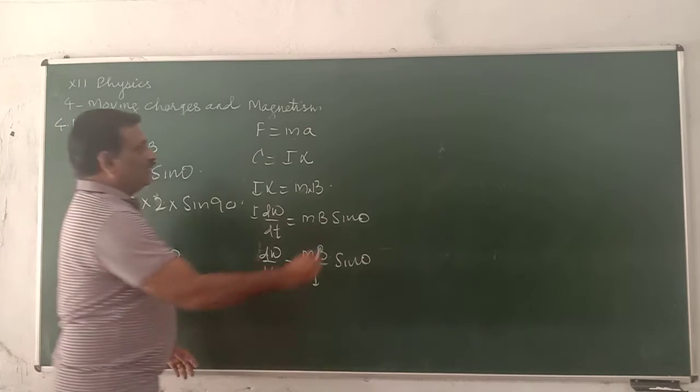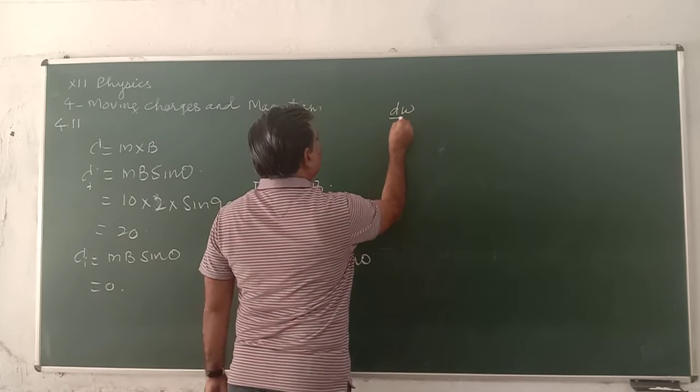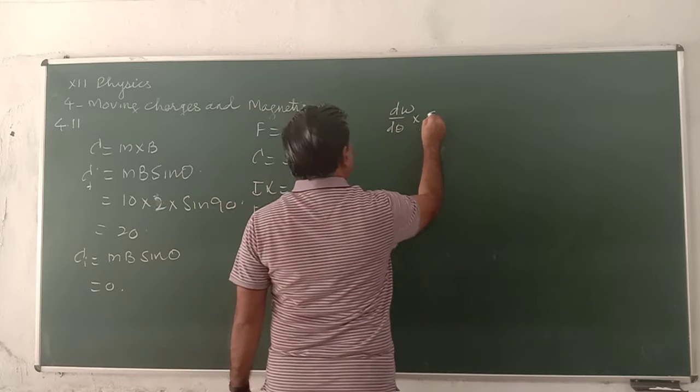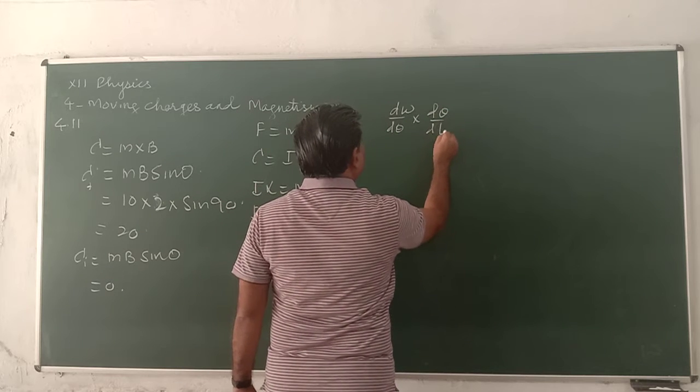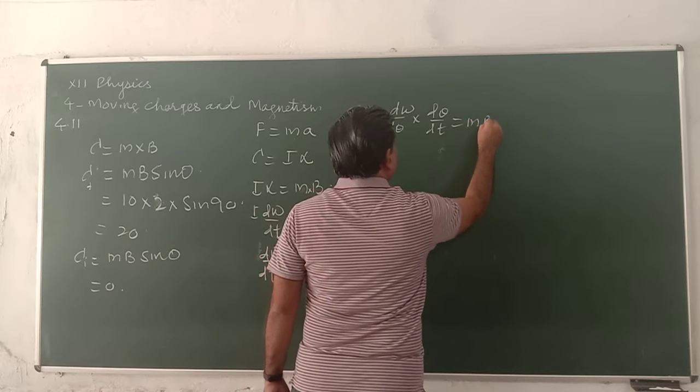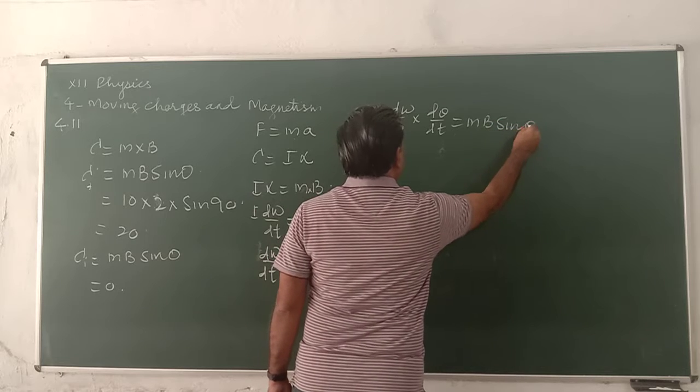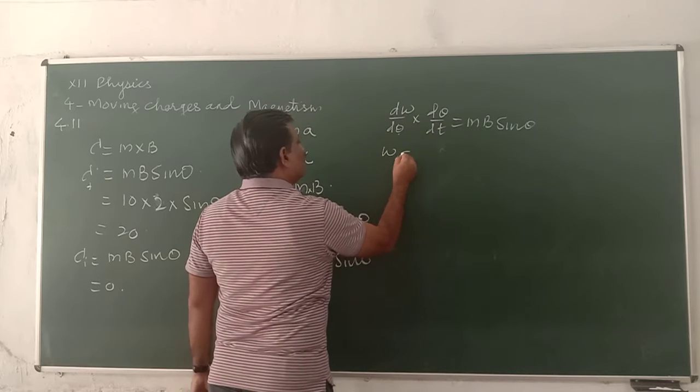We can write d omega by d theta into d theta by dt, which is equal to MB sine theta by I. This d theta by dt is omega.